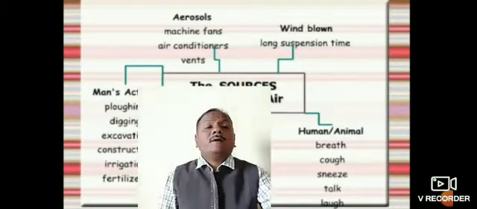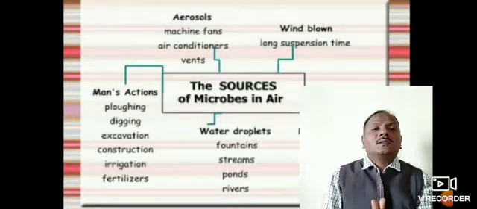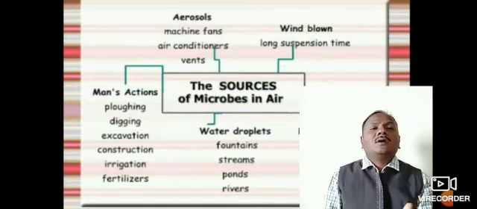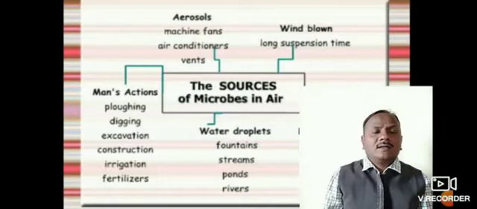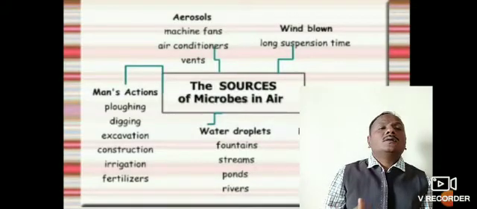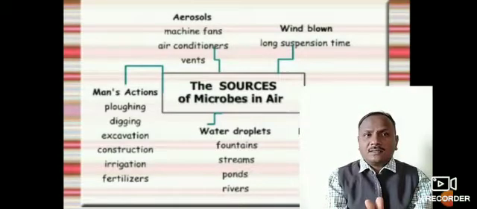Then the next source is aerosols, machines, fans, air conditioner vents or other industrial things. And the last one is the winds that blow, which give a long suspension time.